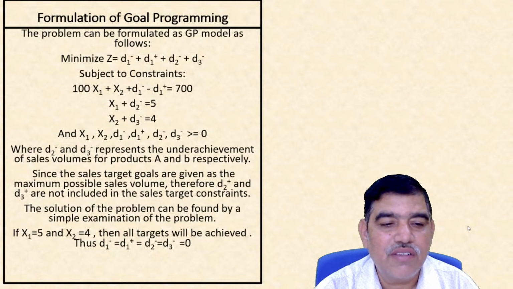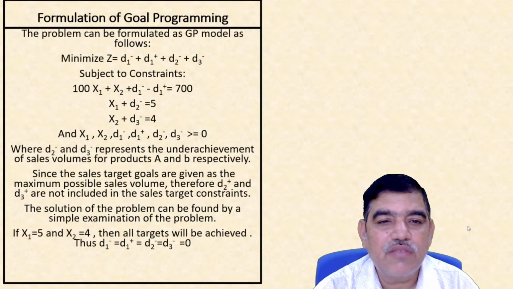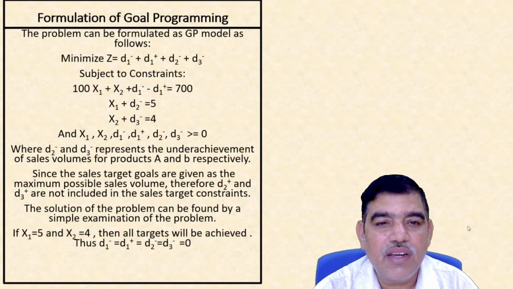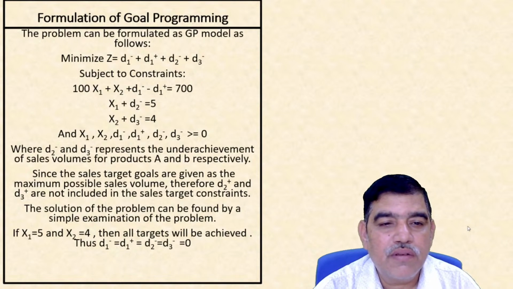So d3 plus is not included in the sales target constraints. So this is the equation: minimize Z equals d1 negative plus d1 positive plus d2 negative plus d3 negative, because d2 negative is used in the second constraint equation, and d3 negative is used in the third constraint equation.